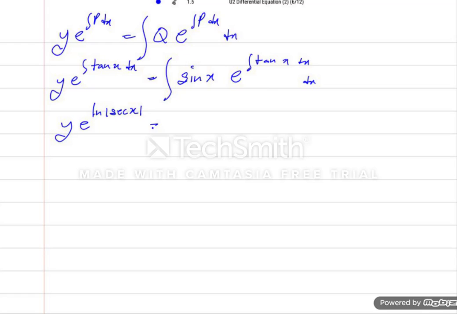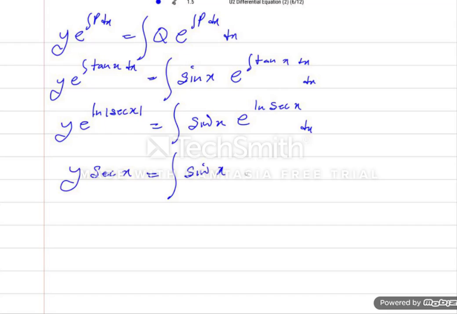So y e to the ln sec x is equal to the integral of sin x e to the ln sec x dx. e to the ln sec x is just what? Sec x. So this is y sec x is equal to the integral of sin x sec x dx.